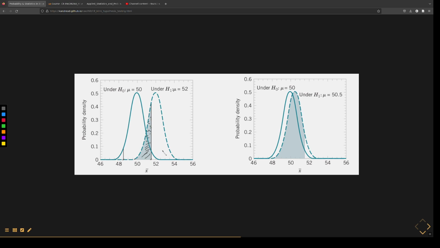However, if the alternative hypothesis is actually very close to the true mean, so if it's very close, between like 50 and 50.5, for instance, then we see that this shaded area is actually increasing quite a bit, and that's the type 2 error.